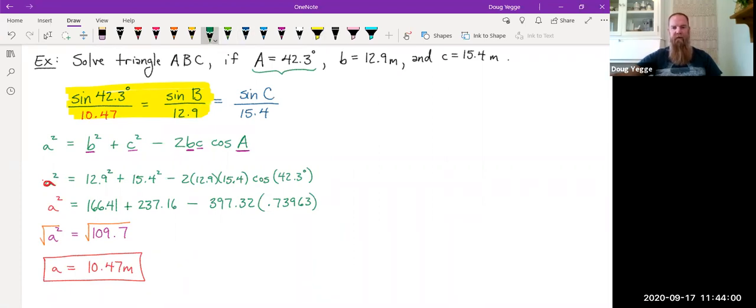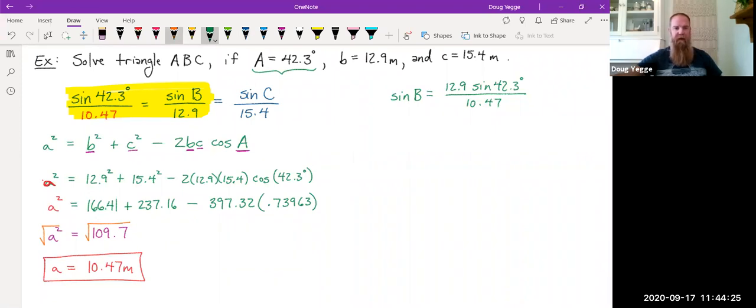Okay, so if we cross multiply, we get the sine of angle B is equal to 12.9 times sine of 42.3, and that's still divided by 10.47. All right, so sine of angle B is equal to that quantity.